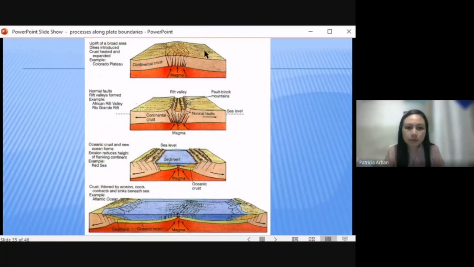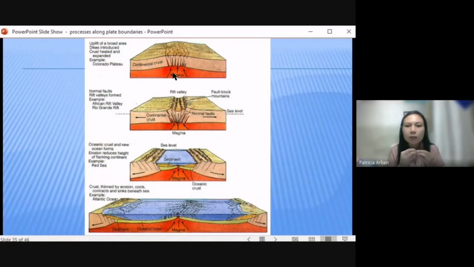Okay, kaya kung mapapansin nyo, there is the crack on the top of the continental crust. Ayan. So, nandun yung origin na maghihiwalay yung dalawang continental crust. And here, ayan, there is the magma chamber. Okay, now we will be discussing this in detail.